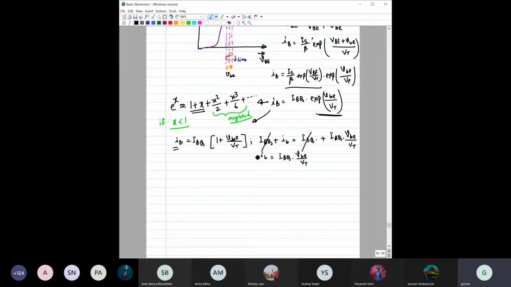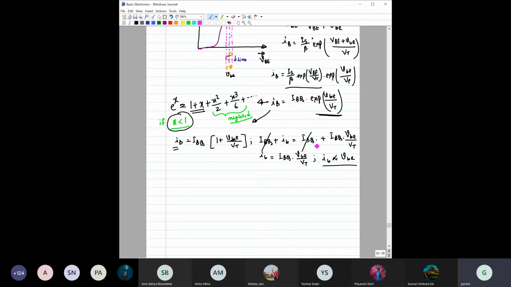So basically, if we use this assumption, that x is less than 1, then what we can write is that ib is proportional to v of be. That linear relation we can establish. Now what do we mean by x less than 1?